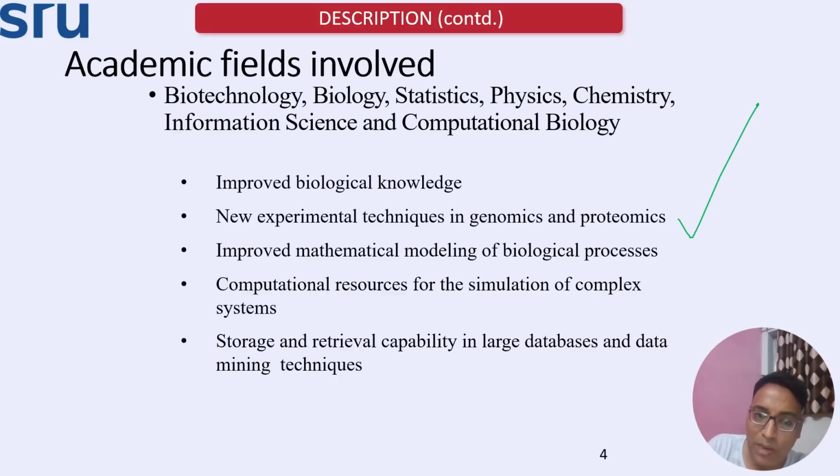We also get storage and retrieval capability for large data sets and data mining techniques. People are building better data mining techniques, so from billions of records or terabytes of data they are able to get the required data in a fraction of a second. Building better arrays is all possible because of the high bandwidth of the internet, so people are deploying every aspect.